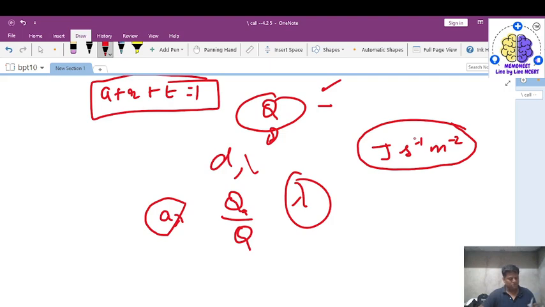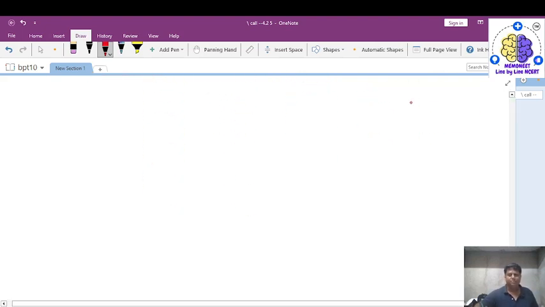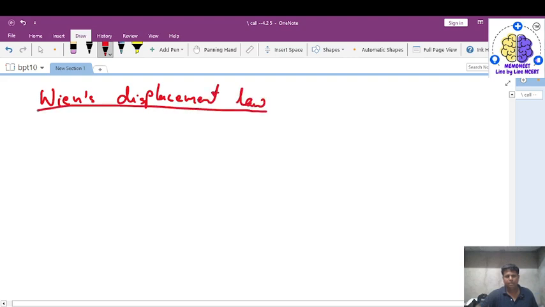So this is your radiation. Then Wein's displacement law. Wein's displacement law says that lambda m is inversely proportional to T. Now, what does this mean?